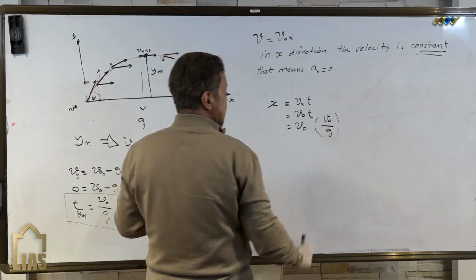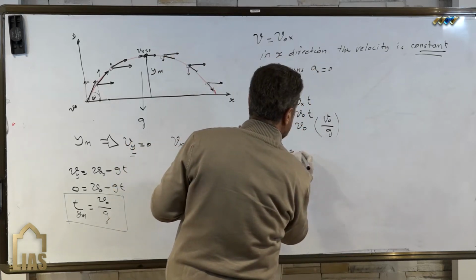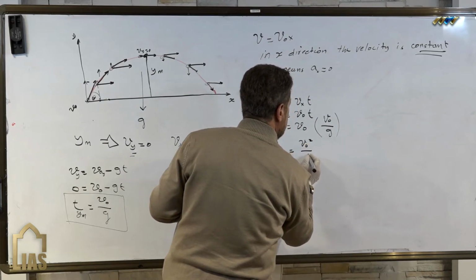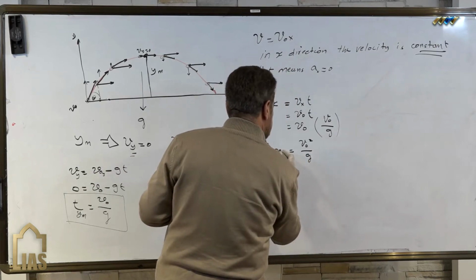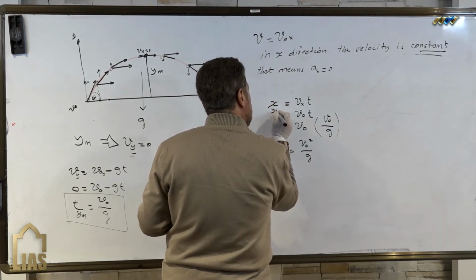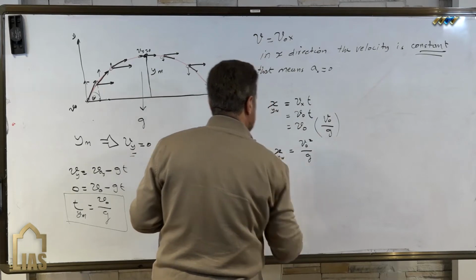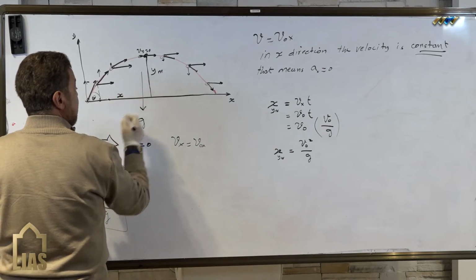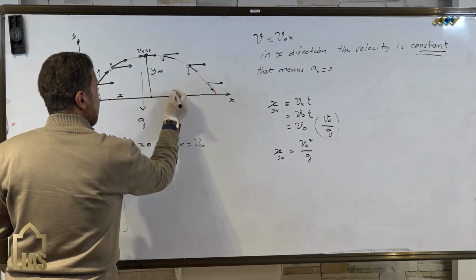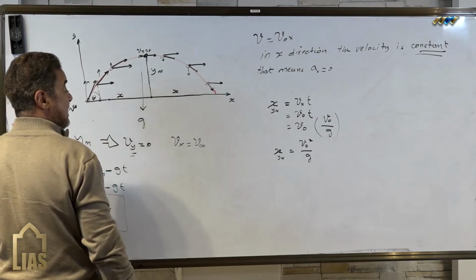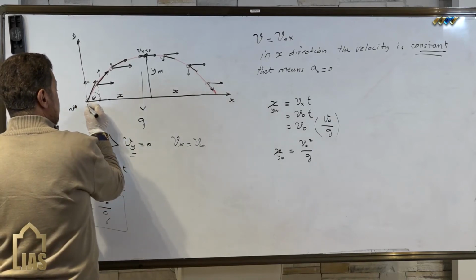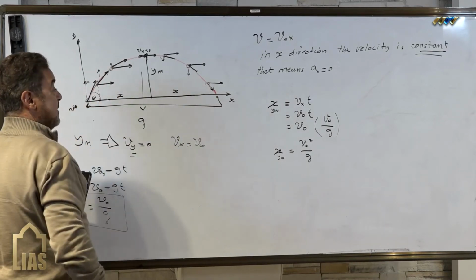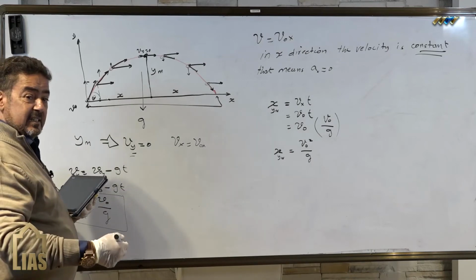That will be v0 square over g, which is x at y maximum. This is x, which is the halfway, another x here, and this flight time is twice.